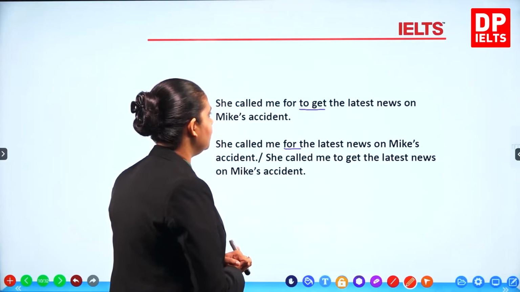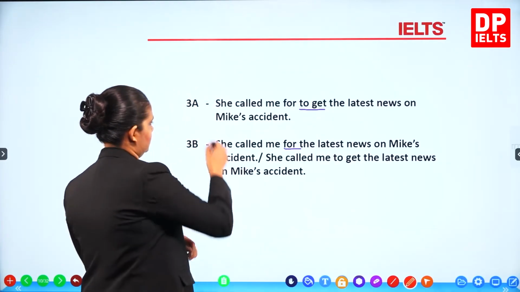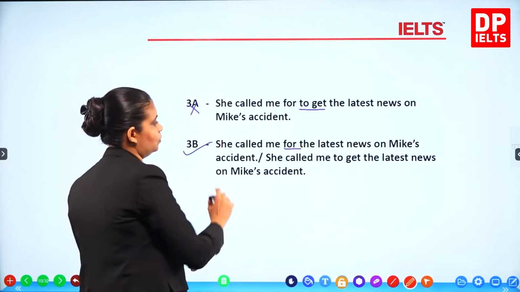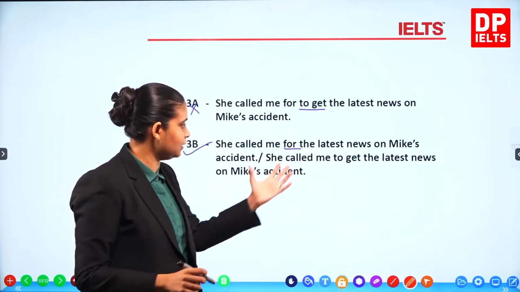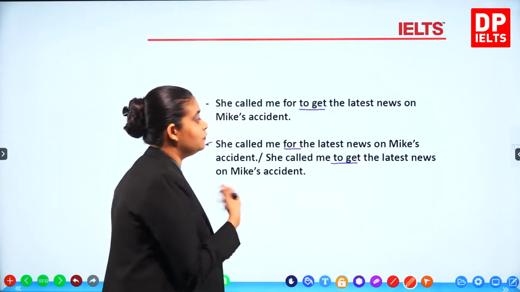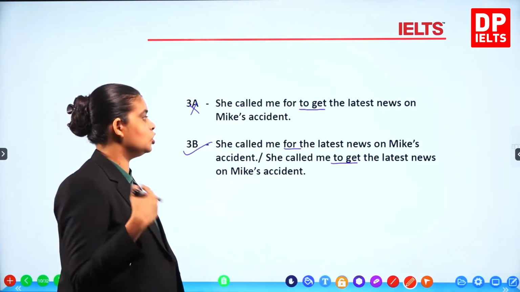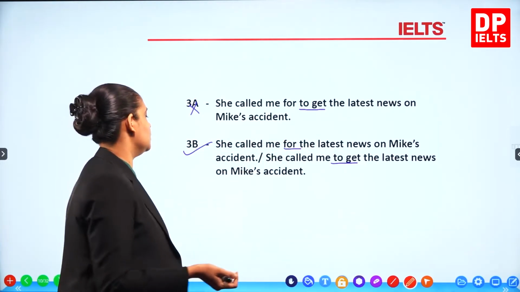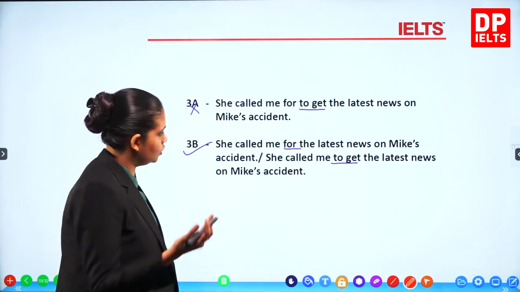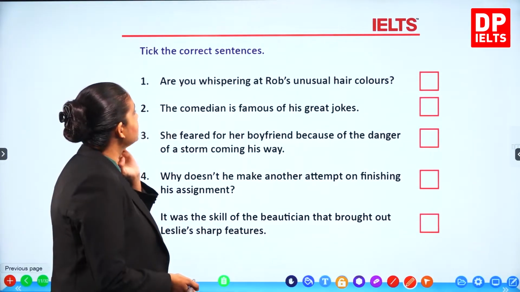She called me to get the latest news on Mike's accident. So both are correct. You could either say she called me for that, or she called me to get, okay, infinitive. And pointing out the reason, she called me to get the latest news on Mike's accident. So both are correct.